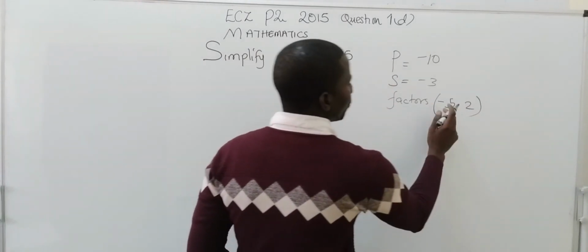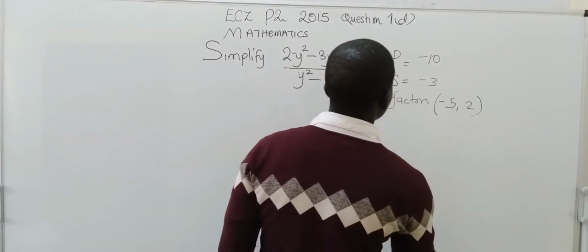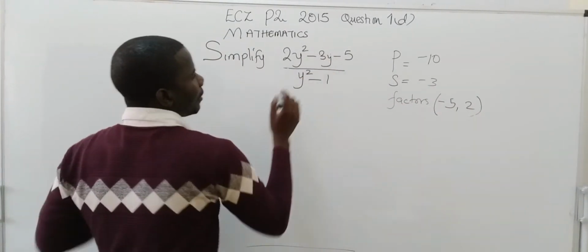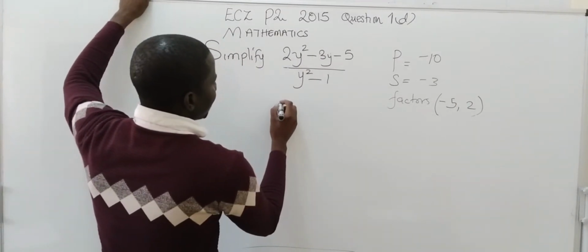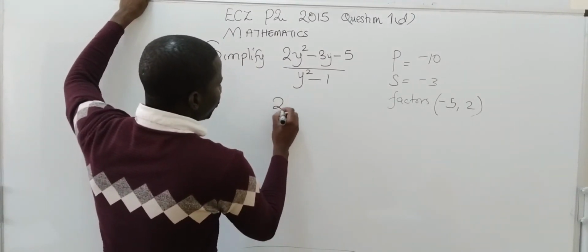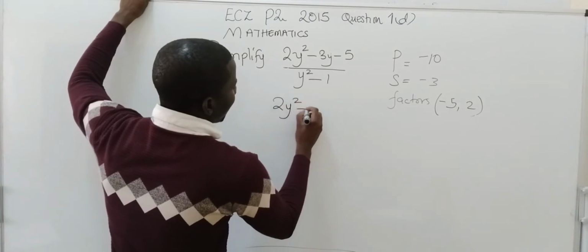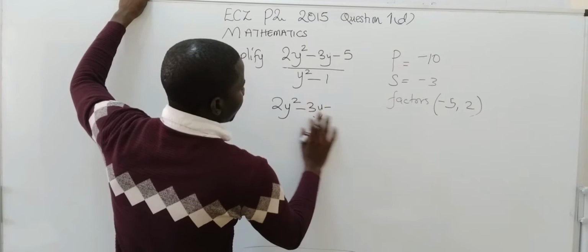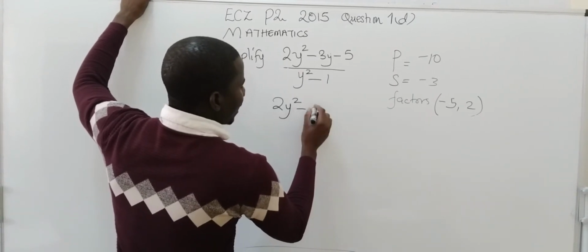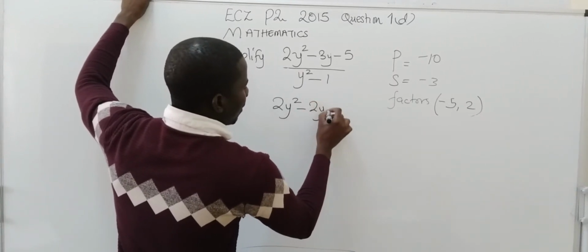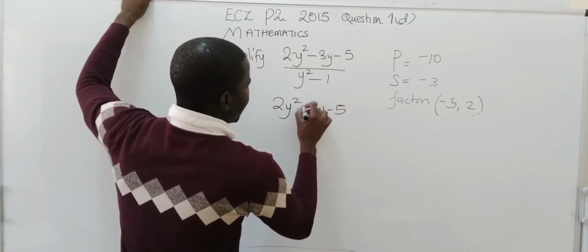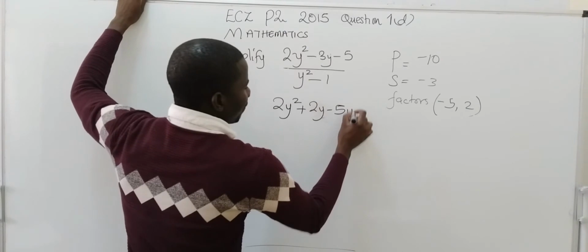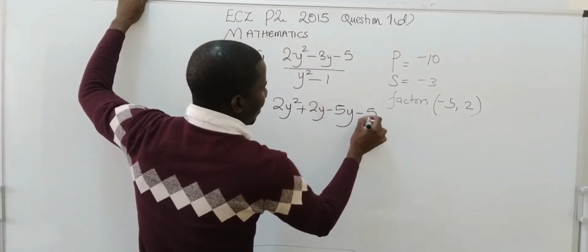Using these factors, we now need to expand this part. So we're going to expand it and say 2y squared minus 2y, and this is plus, because this is a positive 5y, and minus 5.